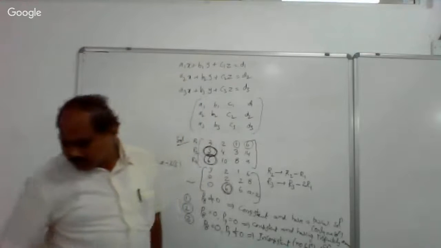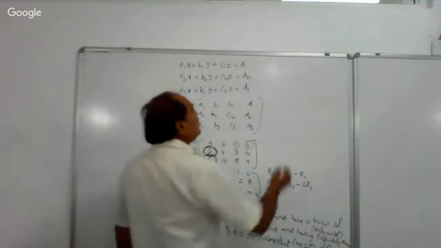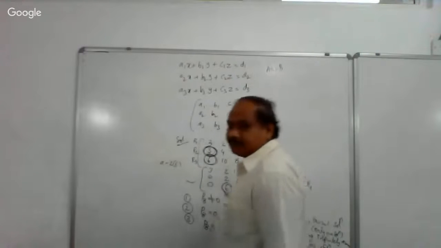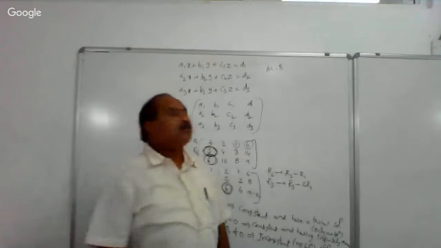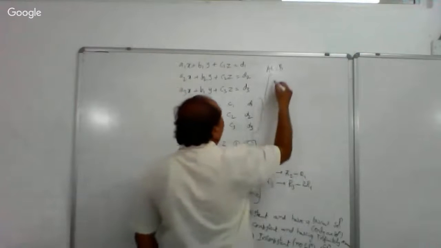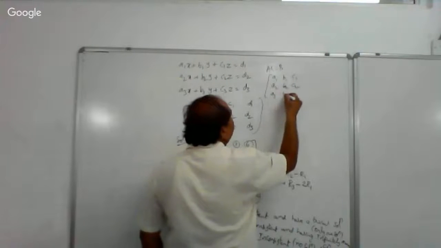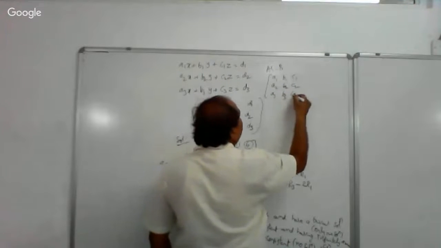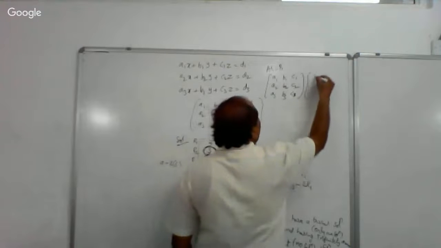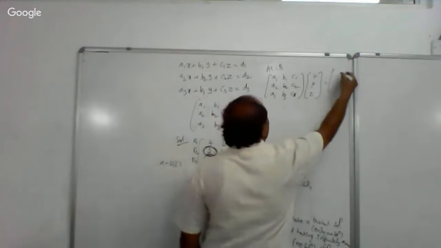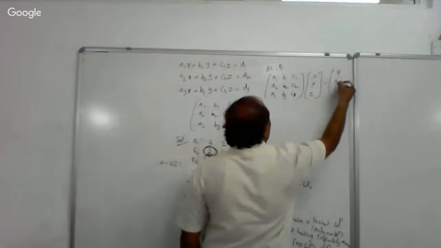Just observe one thing. Actually, this can be written as AX equal to B form. What is A? a1, b1, c1, a2, b2, c2, a3, b3, c3. What is X? The variable matrix x, y, z. And what is B? d1, d2, d3.